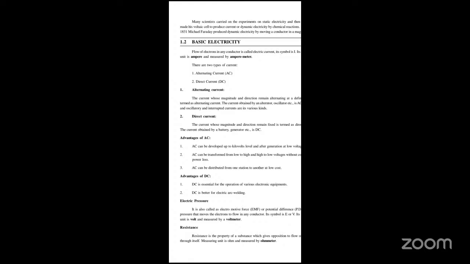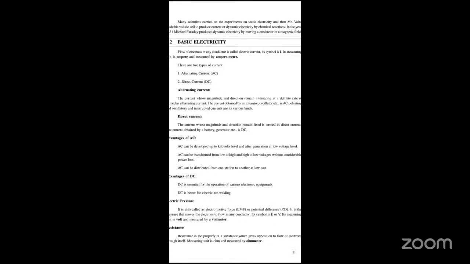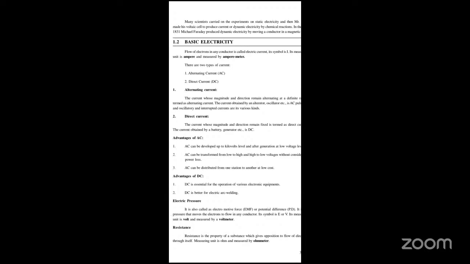Now we are studying, what is AC? AC can be developed up to the kilovolts level. How to measure current? Ampere. How to measure voltage also. So AC can be developed up to the kilovolts level after generation at low voltage level. AC can be transformed from low to high and high to low voltage without considerable power loss.